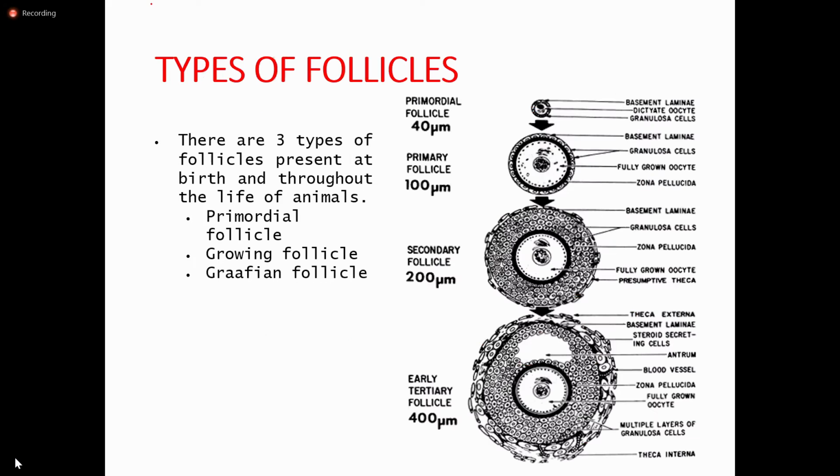Okay. Pinasadahan na natin to. We have the primordial follicle. It's composed of a single layer of granulosa cell that are flattened. Whereas for the primary follicle, single layer of granulosa cells, but by this time, they are cuboidal in shape.